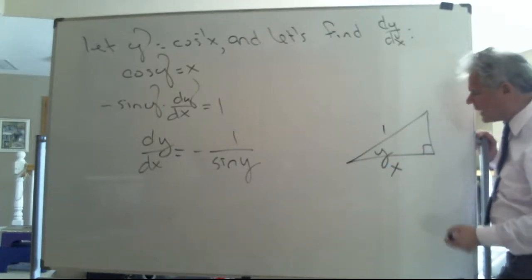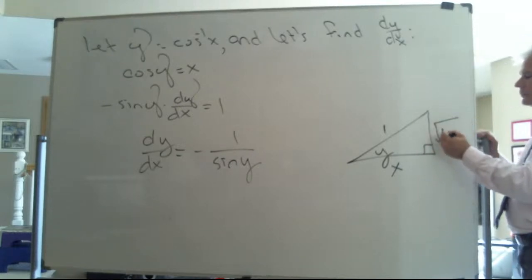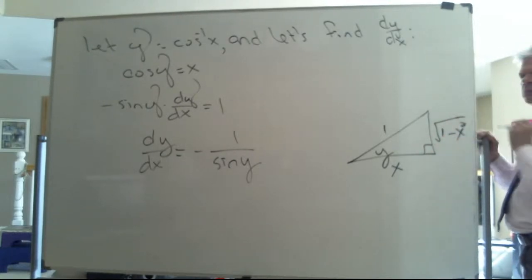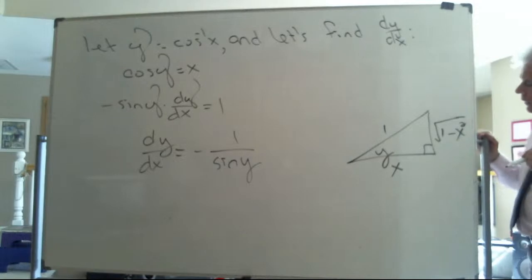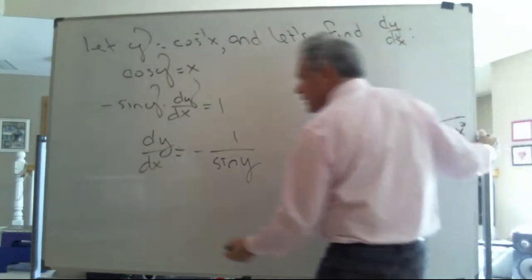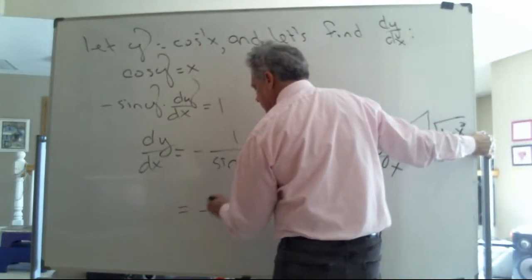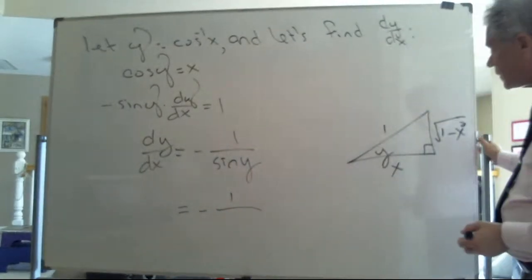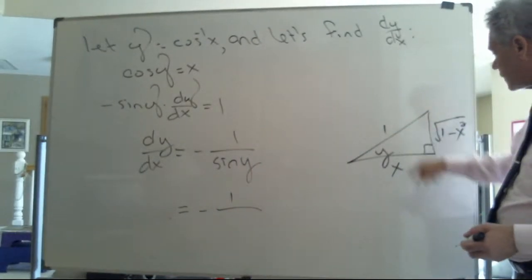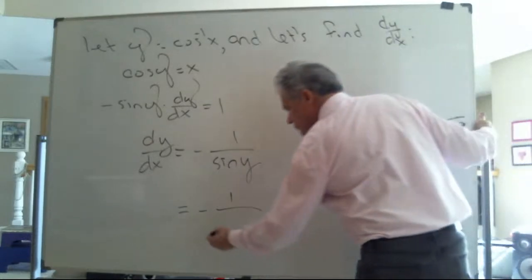Using the Pythagorean theorem, here's the length of the other side. That being the case, I can now say that dy/dx is negative 1 over the sine of y, but the sine of y is nothing more than this over this. It's just a radical expression.